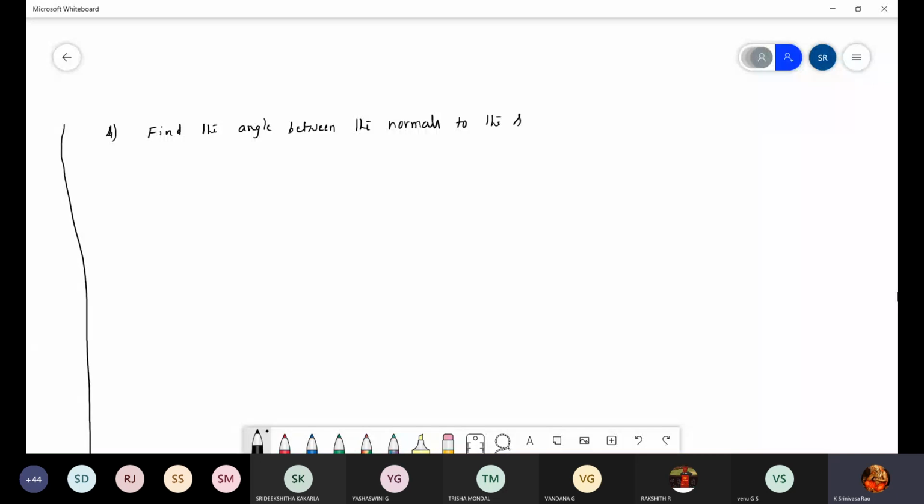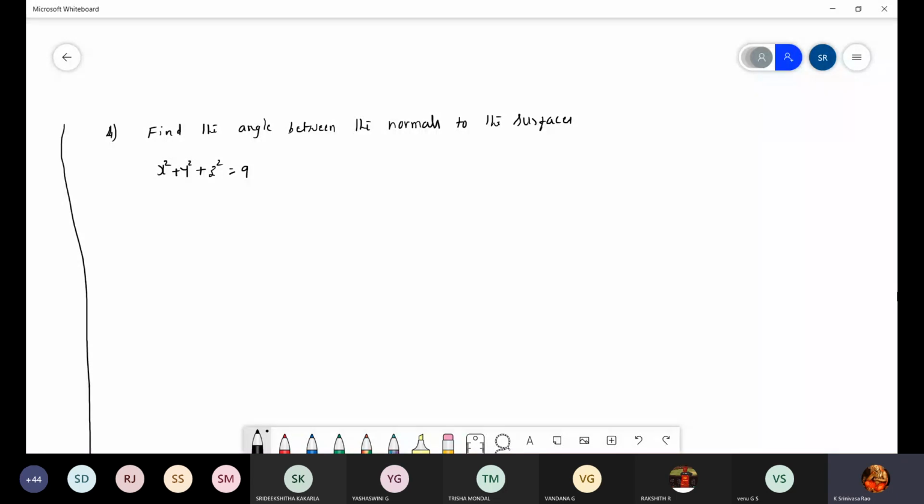To the surfaces, x square plus y square plus z square equals 9, not a, it is 9.